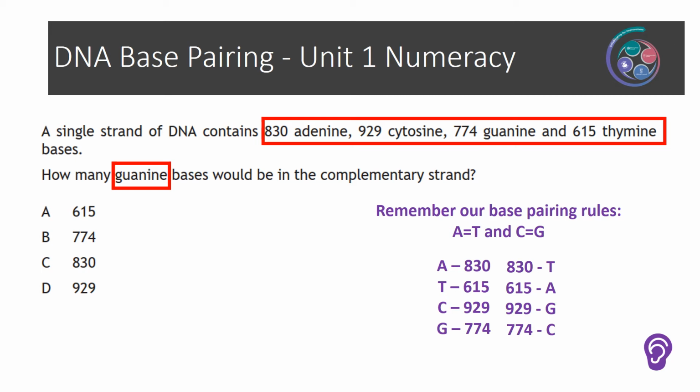So if we want to figure out how many guanine bases there would be, we need the exact same number as the cytosine bases on the first strand, which was 929. Again, we double check our answers and we can see the answer would be D, 929.